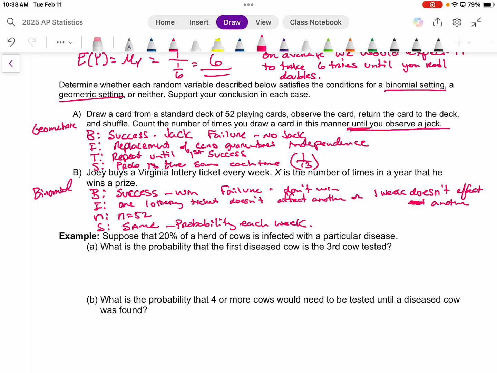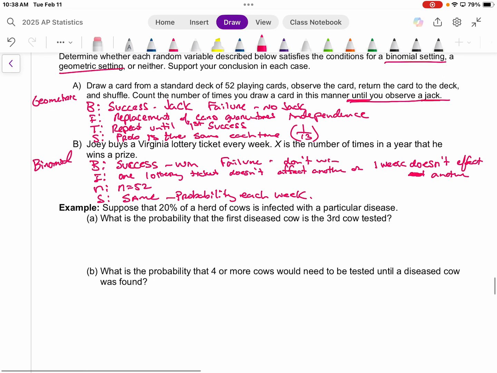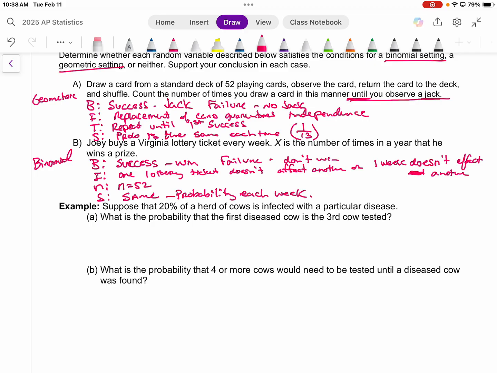All right, next example. Suppose that 20% of a herd of cows is infected with a particular disease. What is the probability that the first diseased cow is the third cow? They say the first diseased cow is the third, so I know this has got to be geometric.